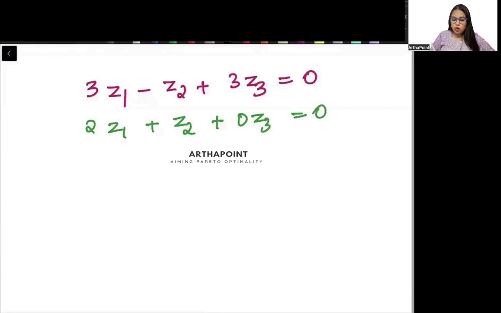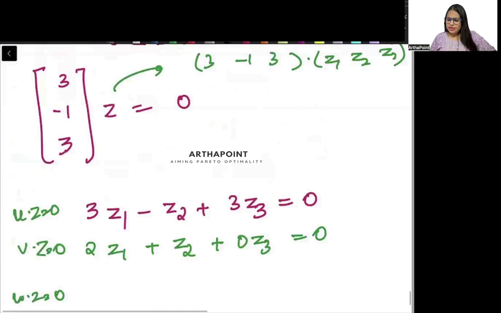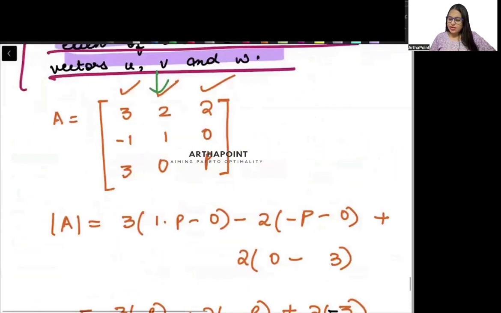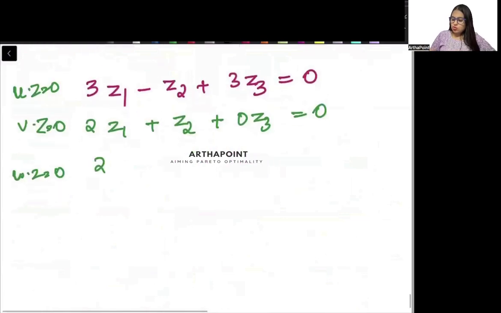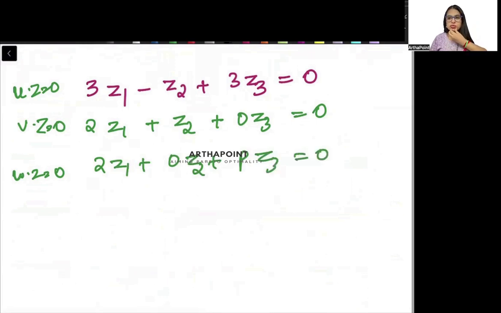The dot product of V and Z should be 0, U and Z should be 0, and W and Z should be 0. So what is W, beta? The value of W came from here. W is 2, 0, P. So its dot product with Z1, Z2, Z3 equals 0.